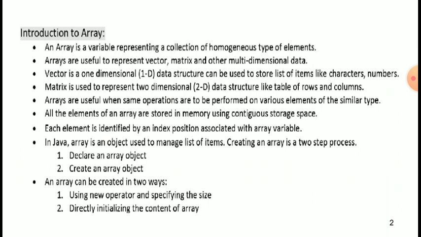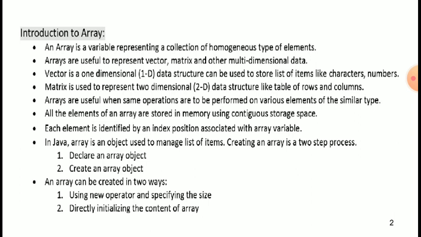Vector is one dimensional, that means 1D. This data structure can be used to store a list of items like characters and numbers. Matrix is used to represent two dimension, that means a 2D data structure like a table of rows and columns.